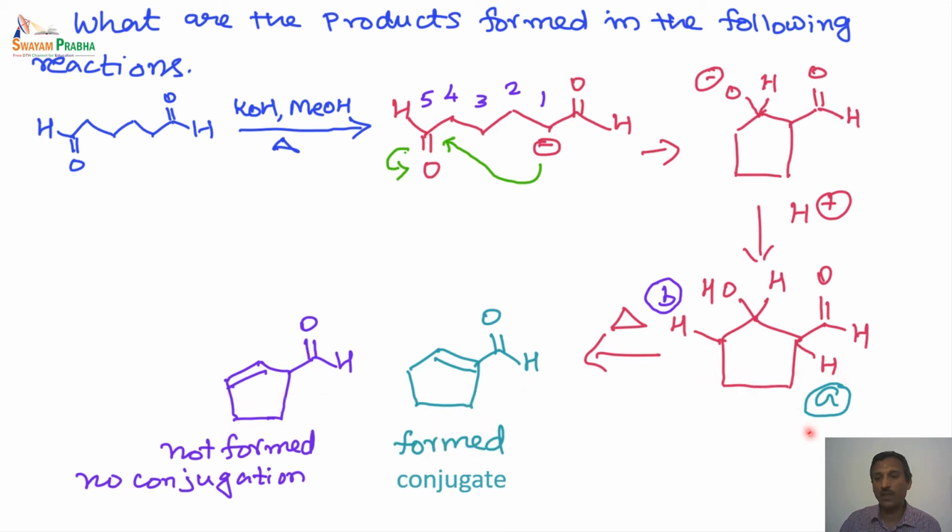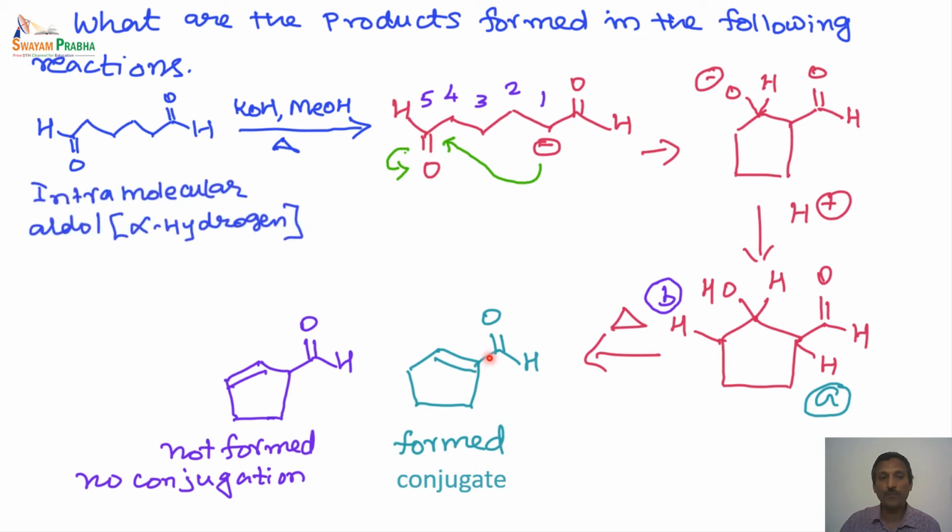So in other words, the proton is removed from A and not as shown in B. This is how we have to identify the product in these kind of reactions. So the crucial part for this reaction is the formation of the conjugated product. As we know, this is the intramolecular aldol reaction which has the alpha hydrogen.